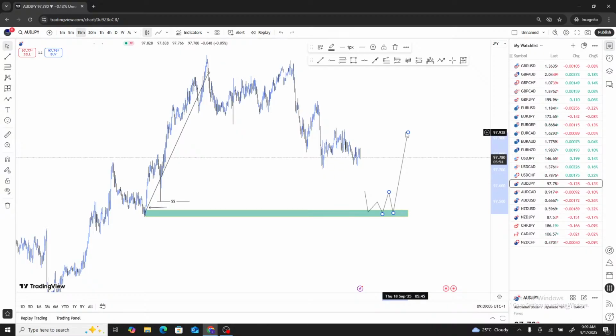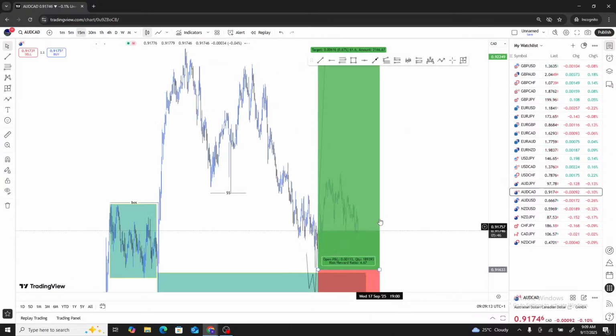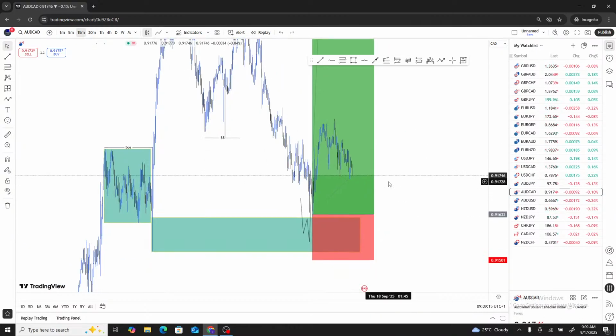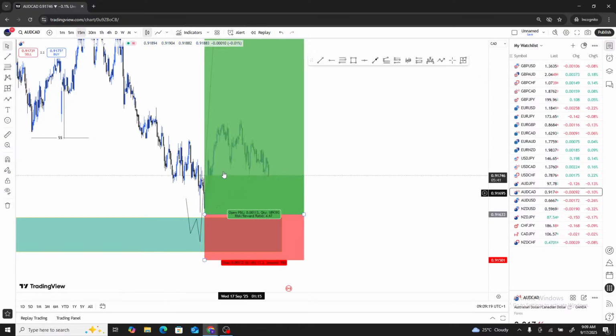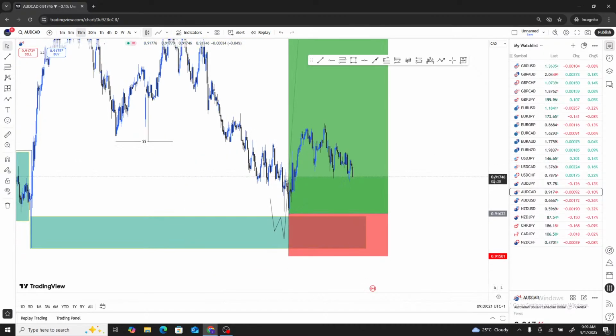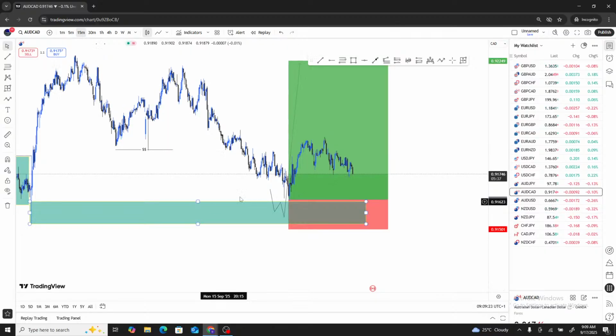That is why these levels are holding. As you can see, AUD CAD yesterday is still holding, even though it's coming down right now. It is just coming down because it is giving a confirmation entry. Okay, the confirmation entry is complete. So let me take this thing away.